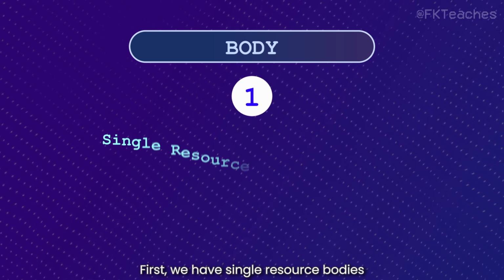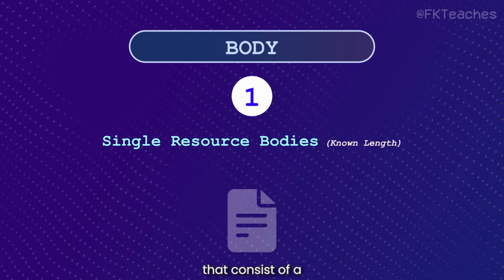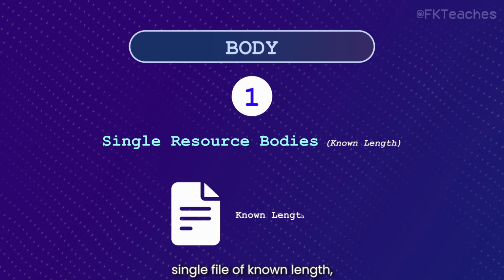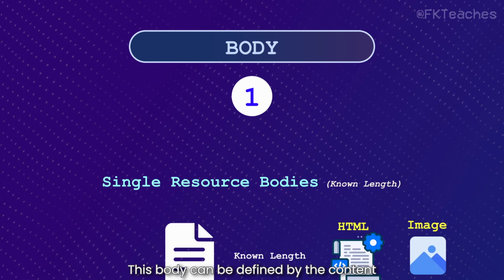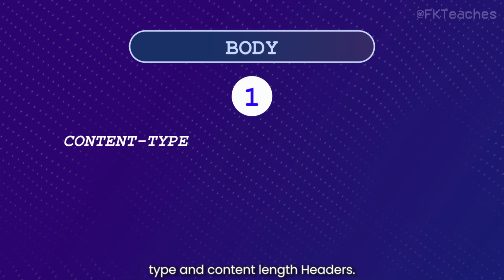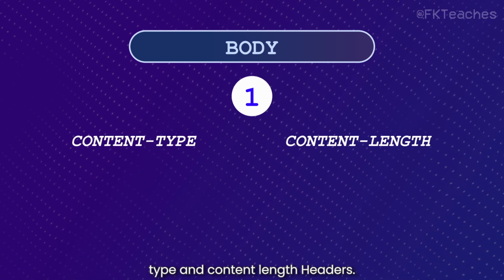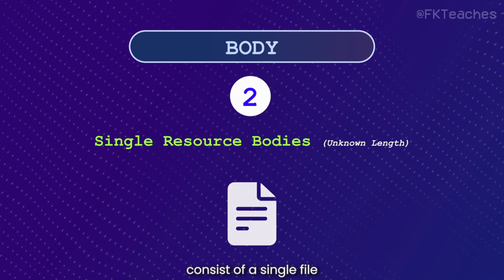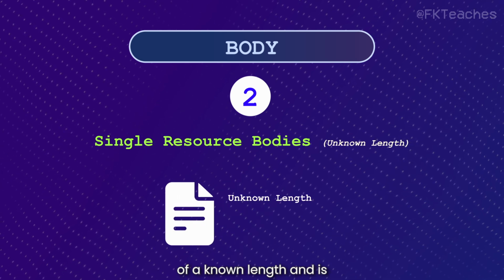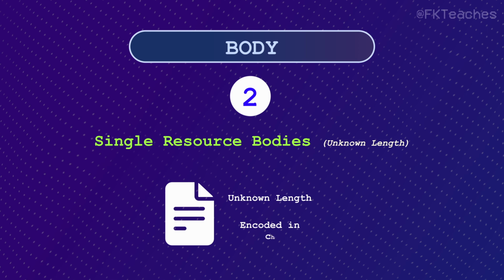First, we have single resource bodies that consist of a single file of known length, like an HTML page or an image. This body can be defined by the content type and content length headers. Next is single resource bodies that consist of a single file of unknown length and is encoded in chunks.